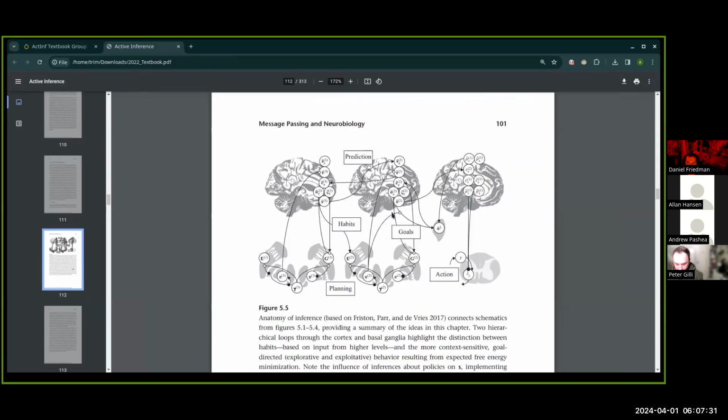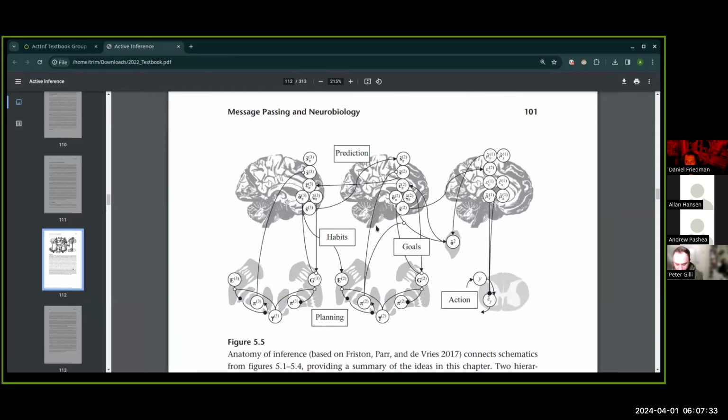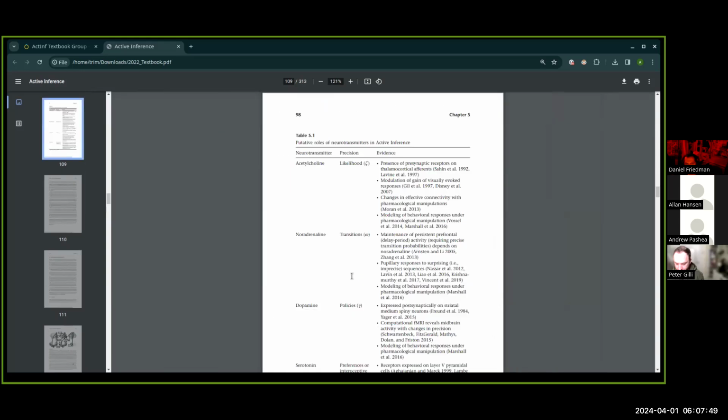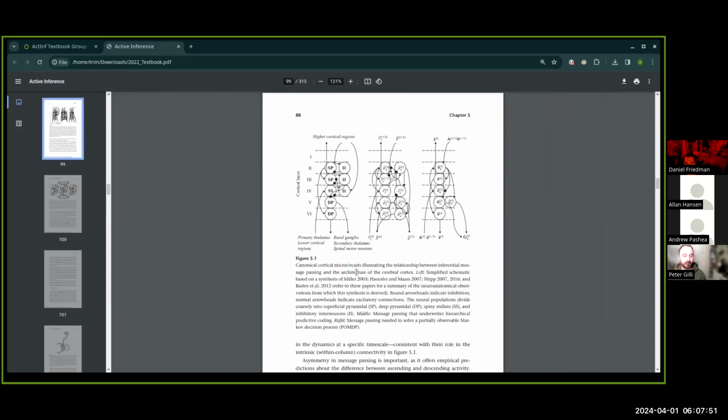Yeah, 5.5 is the big overview abstract. It covers the prefrontal cortex graph, the dopaminergic, the basal ganglia graph, and the spinal reflex arc graph. Then earlier in the chapter, going back to 5.1 and so on, it goes through those examples, and those examples have a compositionality internally.